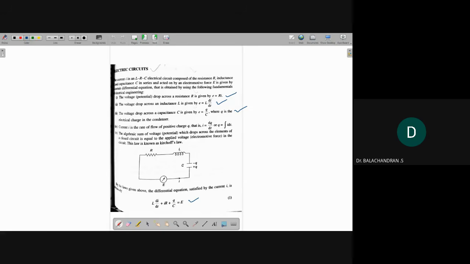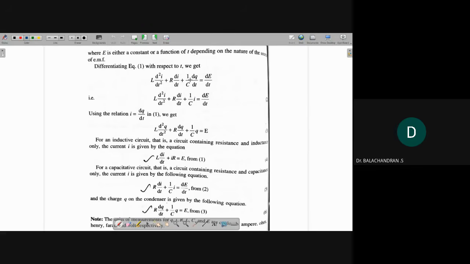Here I have q, but I need everything in terms of I. That's why I replace dq by dt with I. So this is equation number 2.